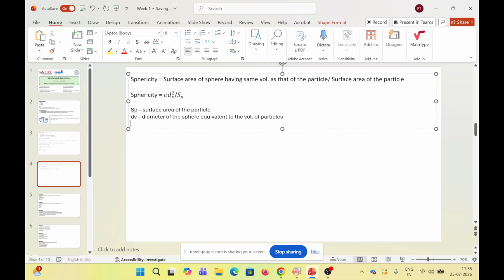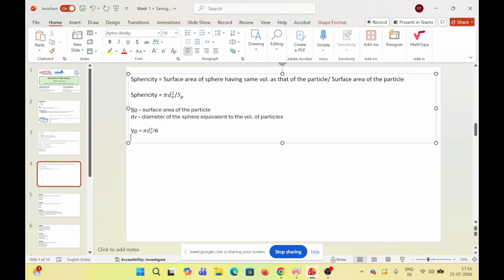Basically, you will know the volume of the particle, which I'm going to call Vp. You equate it to pi dv cube by 6. I hope everyone understands why I wrote pi dv cube by 6. The volume of a sphere is 4 by 3 pi r cube; if you express the radius in terms of diameter, the formula becomes pi d cube by 6.